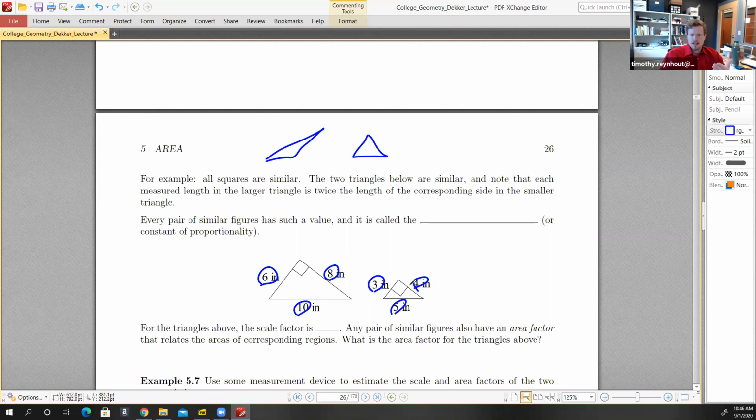So when we have two similar shapes, every one has a number, right? This one is 2. I multiply sides by 2. Every pair of similar geometric figures has such a number, and this number is called the scaling factor or scale factor.